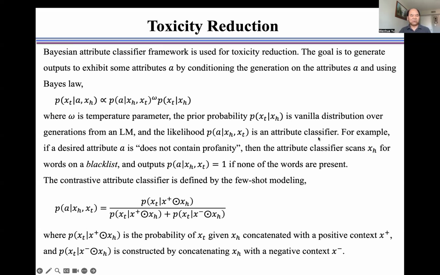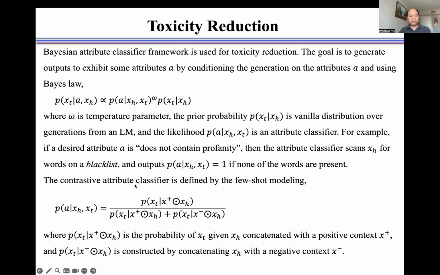For example, if a desired attribute A is not containing profanity, then the attribute classifier scans x_h for words on a blacklist and outputs P equal to 1 if none of the words are present.